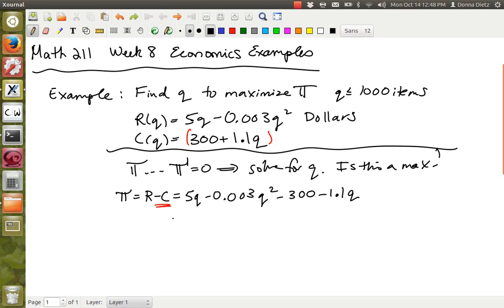Okay, pi prime is, alright, so what's 5 minus 1.1 is 3.9, so 3.9 Q, take the derivative and you get 3.9. And this piece just disappears because that's the kind of constant that drops out. And then we have this piece that we need to take the derivative of.